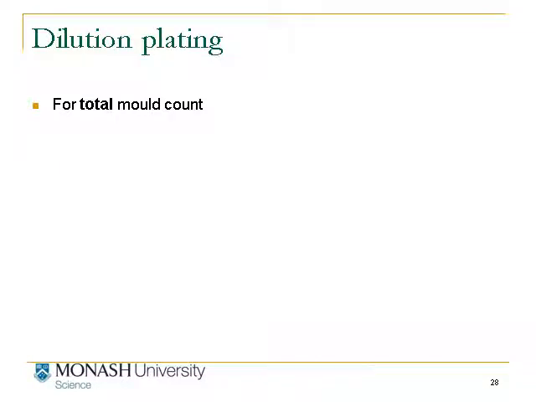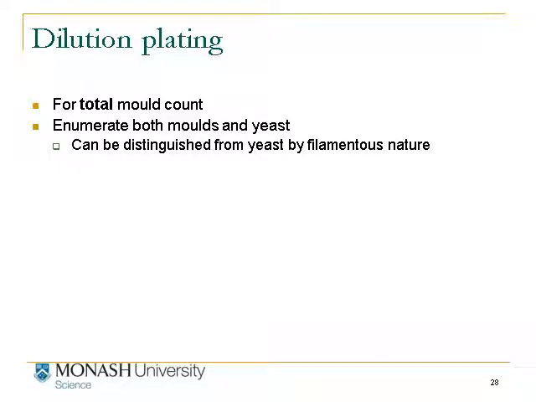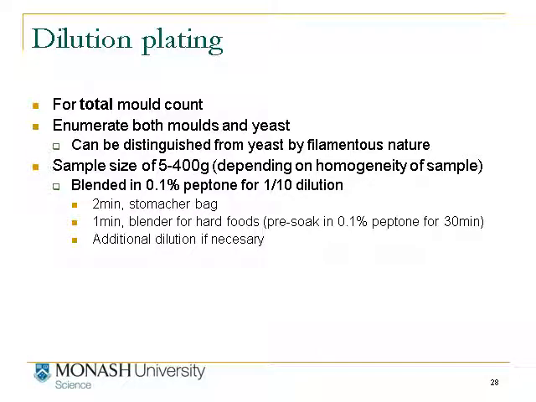For total mold count, generally, we still use the culture media to help grow and maintain the molds and yeast, and we generally use a sample size of between 5 to 400 grams depending on how homogenized the sample is, and we blend it in a stomacher and dilute if necessary.